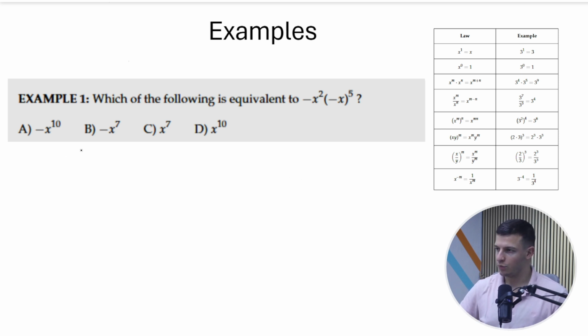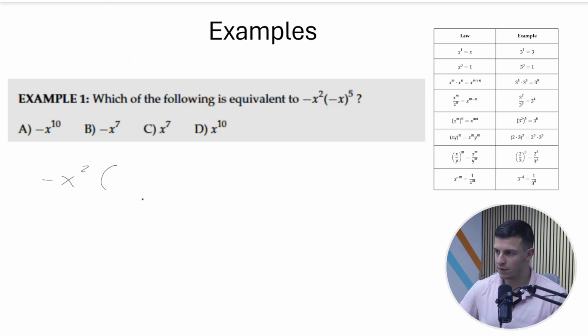Which of the following is equivalent to negative x squared times, in brackets, negative x to the power of 5? We're going to use one of the rules here. Let's leave negative x squared as it is for now. But inside the bracket, we can use our bracket rule.